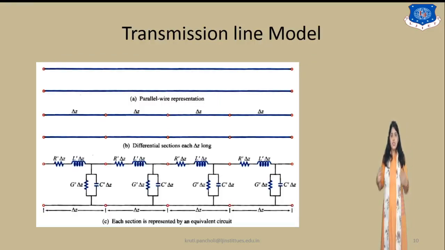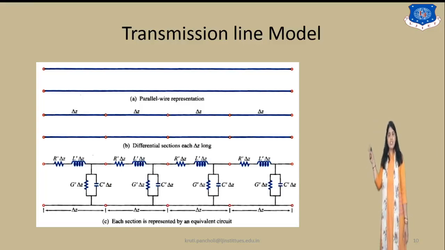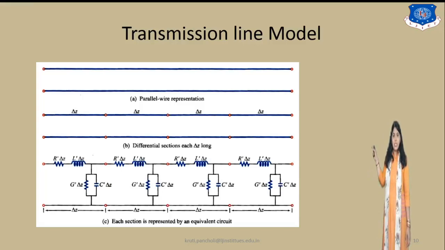Here in the transmission line model, the first diagram is the parallel wire representation. Two parallel wires are there. In the second, the differential section is each delta Z long. The small portion we are taking is delta Z, and that delta Z tends to 0.